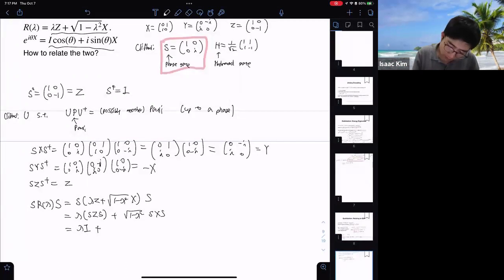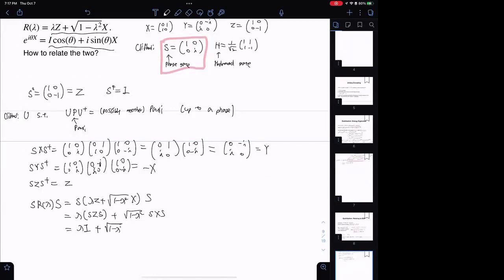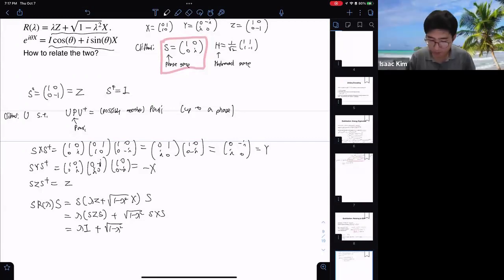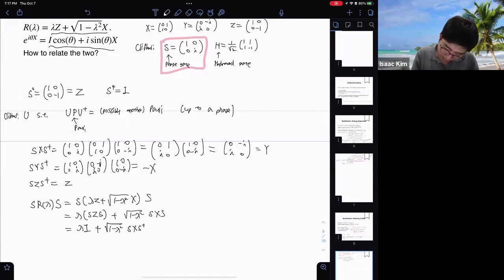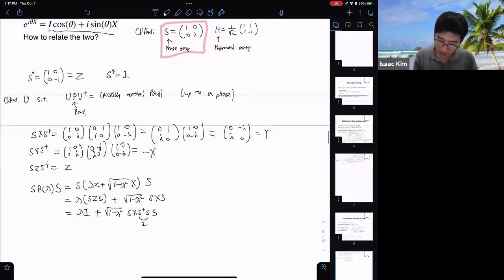What about the other thing? We get square root of 1 minus lambda squared, and you get S X S dagger, S S. So the point is this is an identity. And that's, of course, equal to lambda I plus square root of 1 minus lambda squared times Y times S squared.